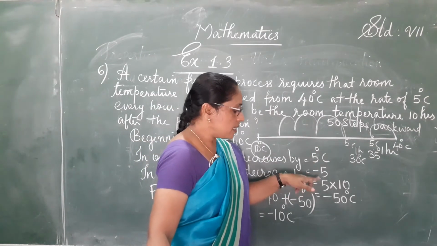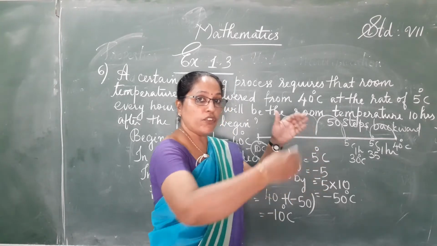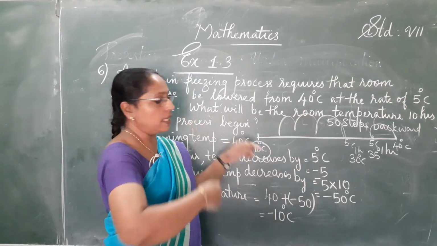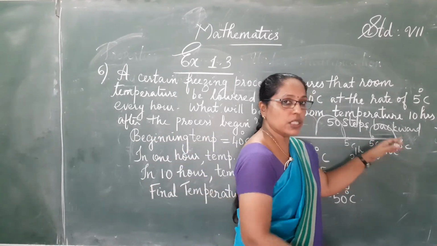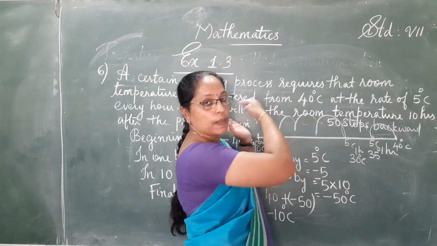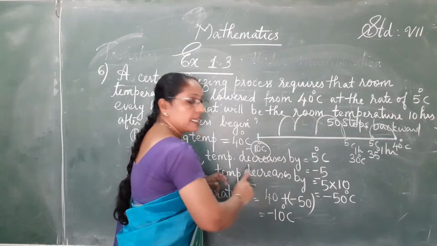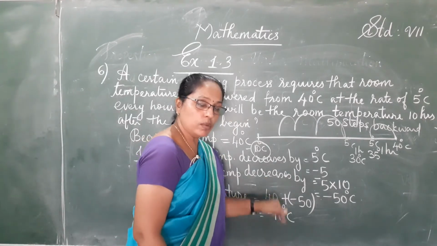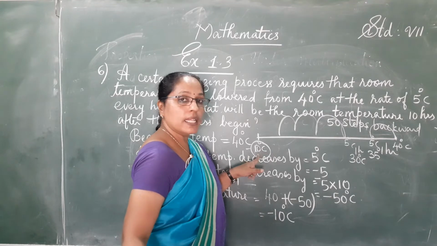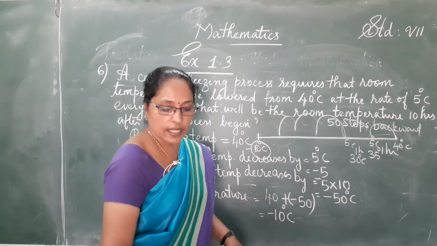So in 10 hours it will be 5 into 10, 50. So 50 degrees Celsius decreased, that means negative 50 degrees Celsius. So from 40 degrees Celsius, we are moving 50 steps backward to reach the final answer. When you move backward, you will come to a negative number. So after 10 hours, the temperature of the cooling process is negative 10 degrees Celsius.